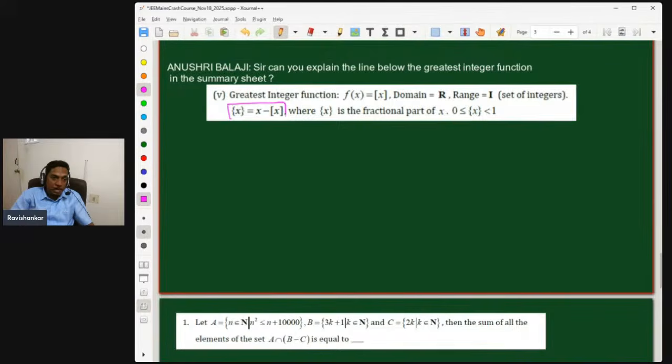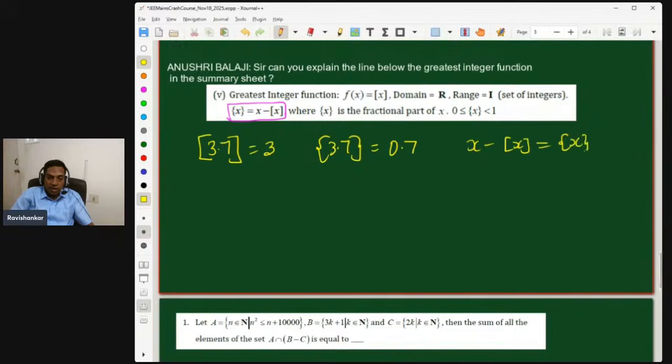This is the fractional part of x. So for example, greatest integer 3.7 is 3. Fractional part of 3.7 is 0.7. So x minus greatest integer x is the fractional part of x. 3.7 minus 3 is 0.7.